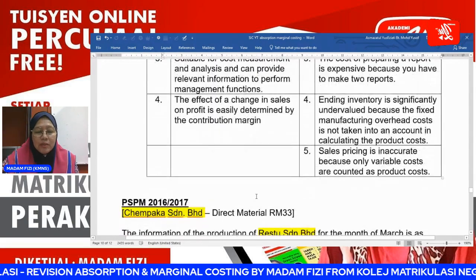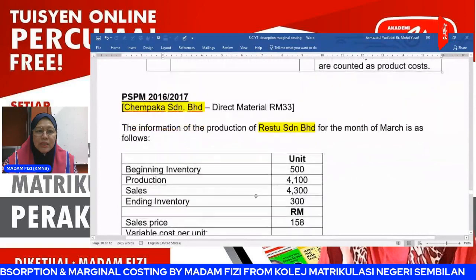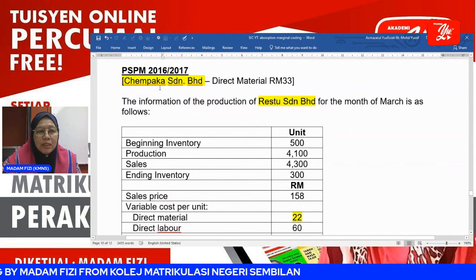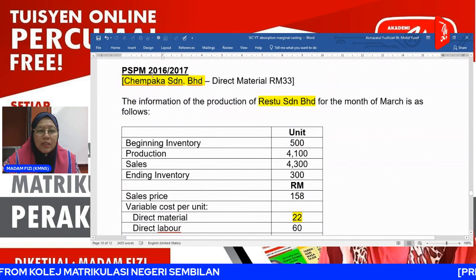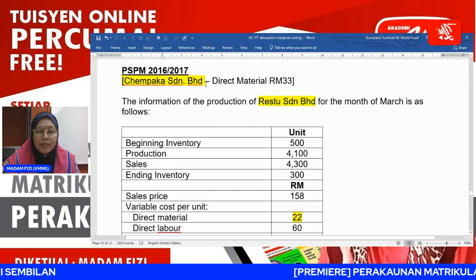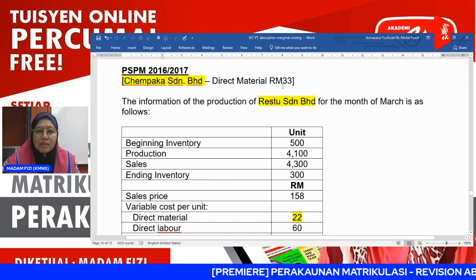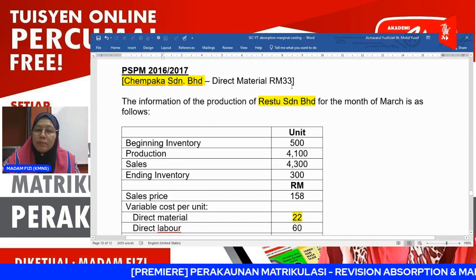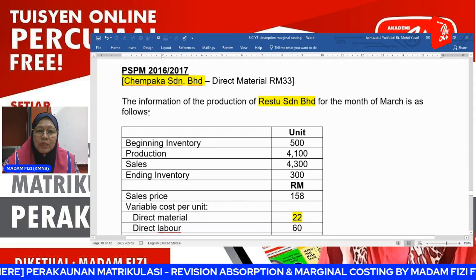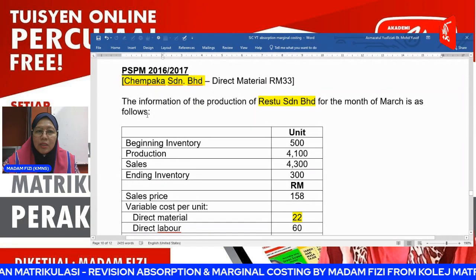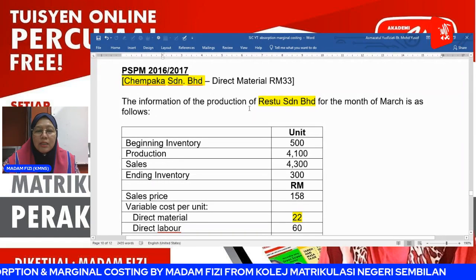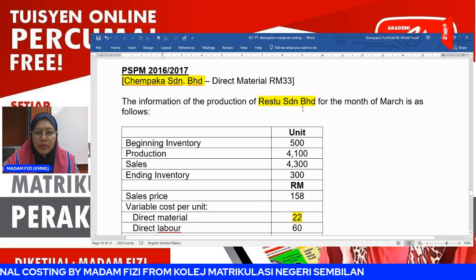Okay, now we move to the last question. Okay. So in PSPM, okay, the question, okay, is Cempaka Berhad and the direct material is RM33. Okay, but kita dah buat ubah suai sikit untuk soalan ini where the information of the production kita tukar nama kepada Restu Sdn Bhd.